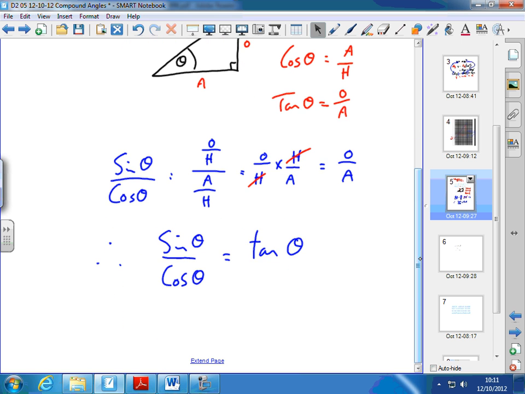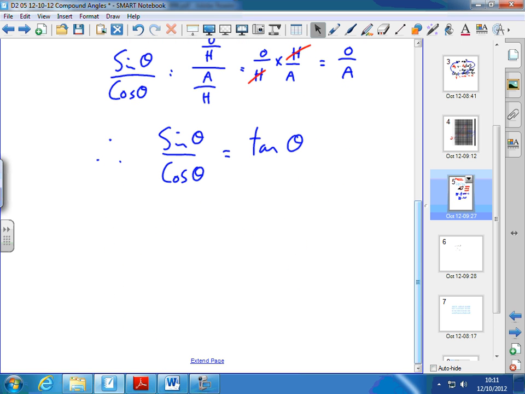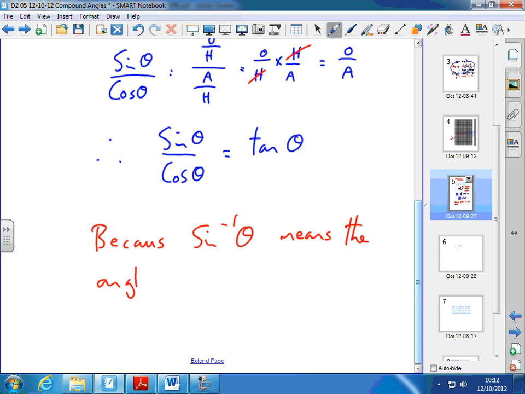Because we use tan to the minus 1, for example, or sine to the minus 1, it means the angle whose sine is theta.